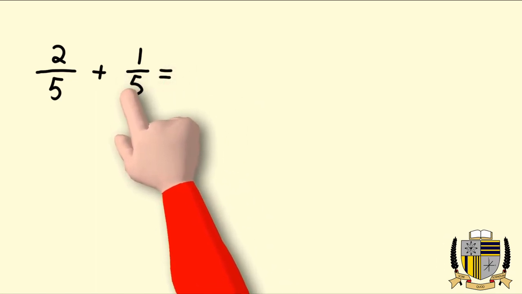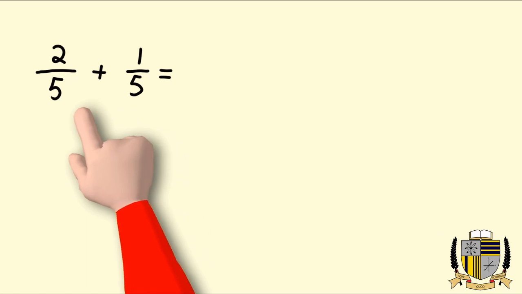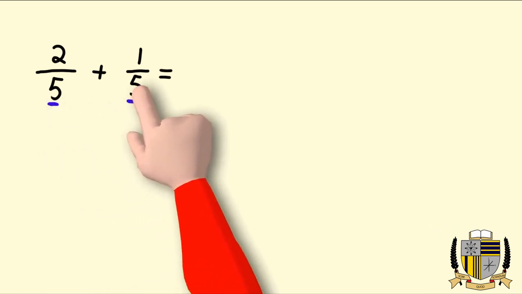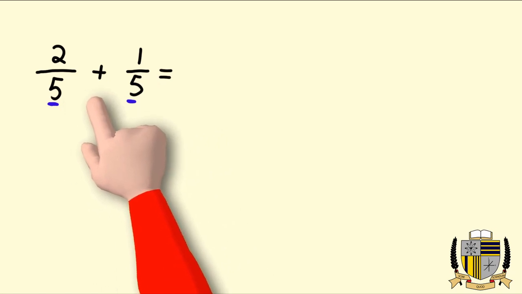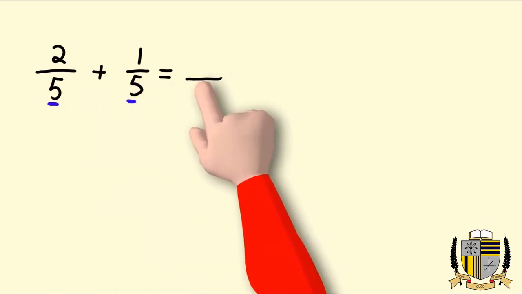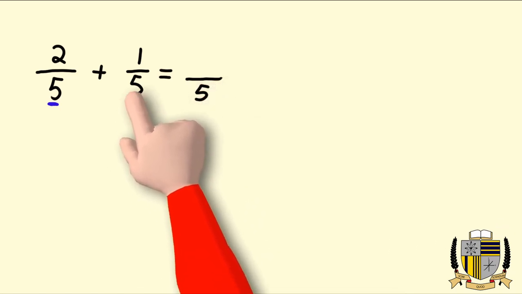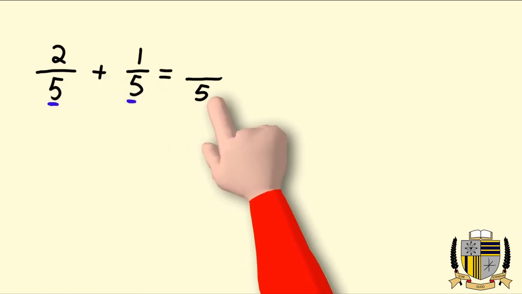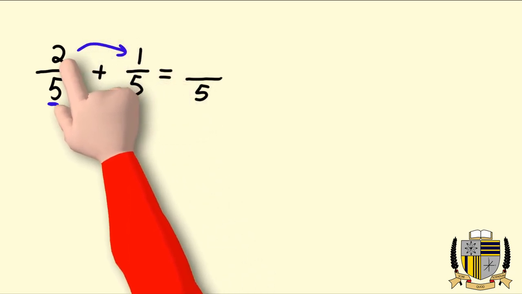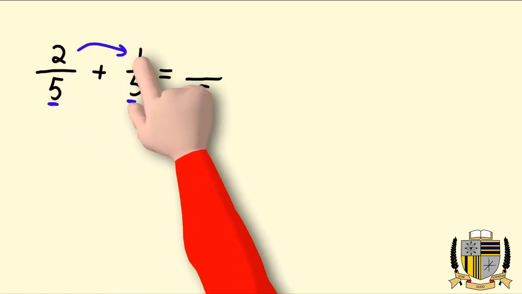When adding fractions where the denominators are the same, your answer will have the same denominator. This is what we call a common denominator. The common denominator is 5, so your answer is going to have 5. And then in the numerator, it's just regular 2 plus 1.